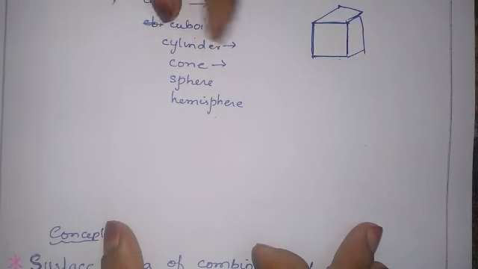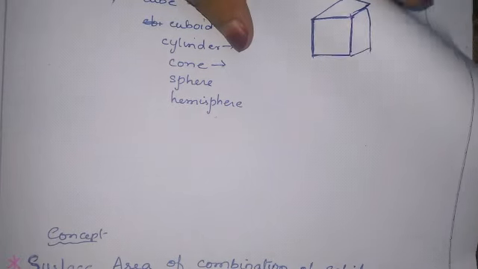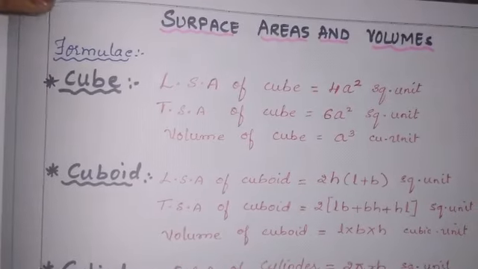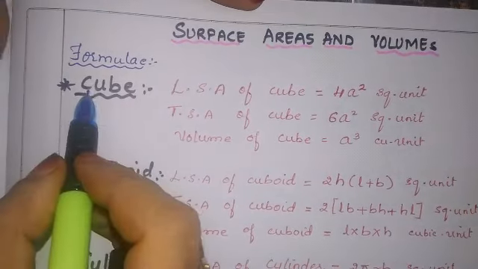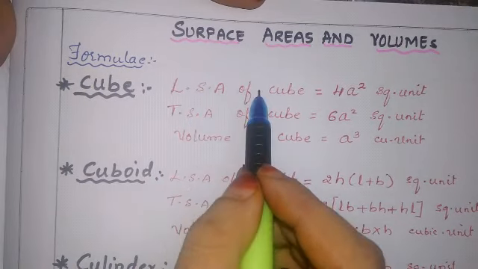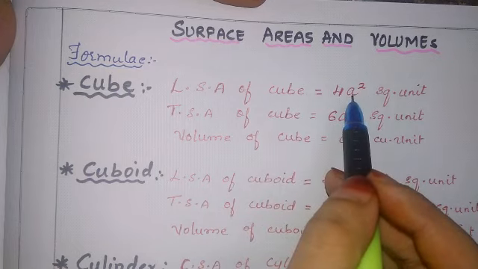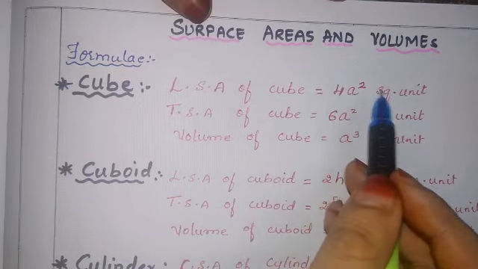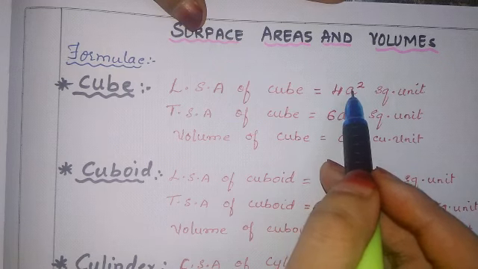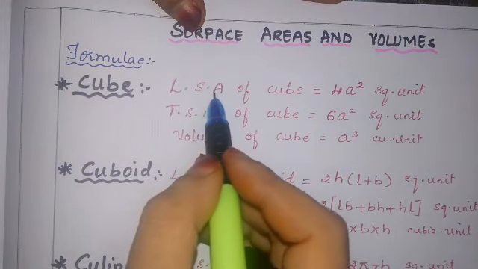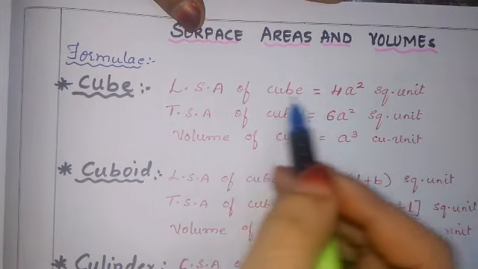To solve the problems based on this topic, first and foremost the very important thing is the formula. Let us see what formulas we have to study. In a cube, the lateral surface area, LSA, is 4a square, where a is the side: 4 into side square, square unit. Area is always in square unit.